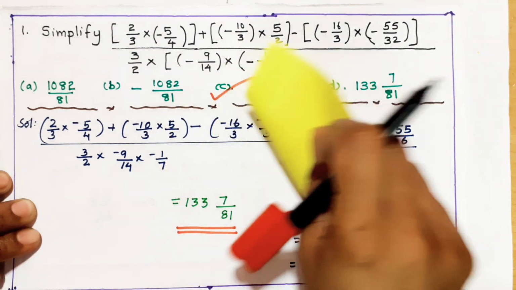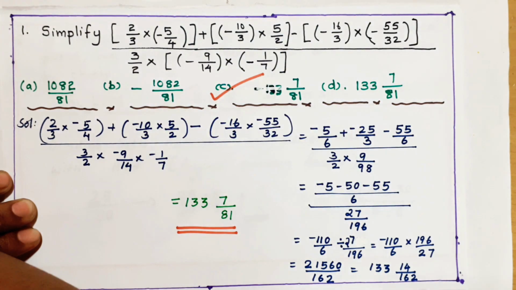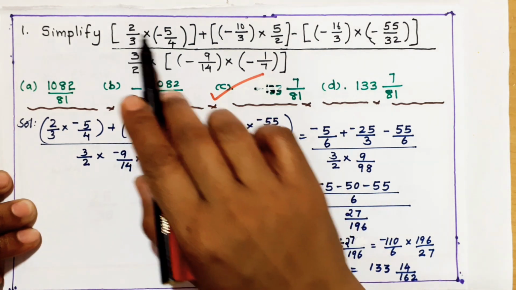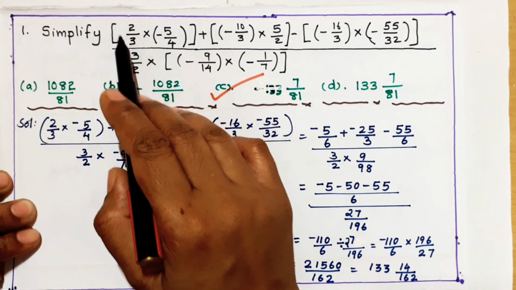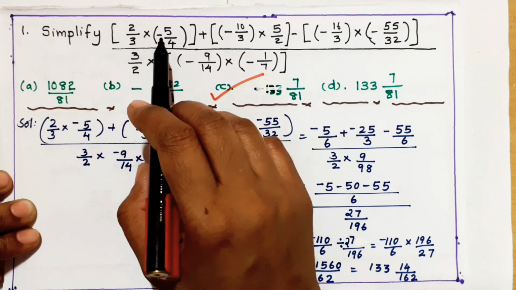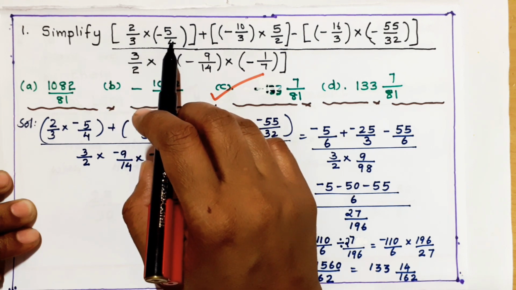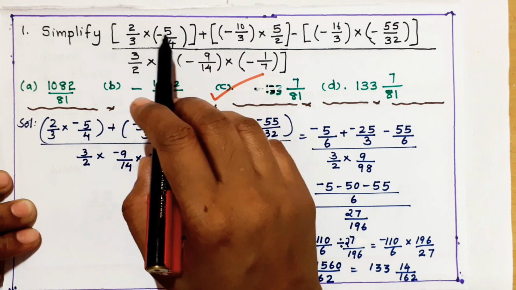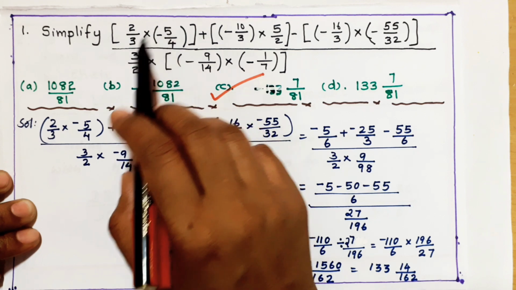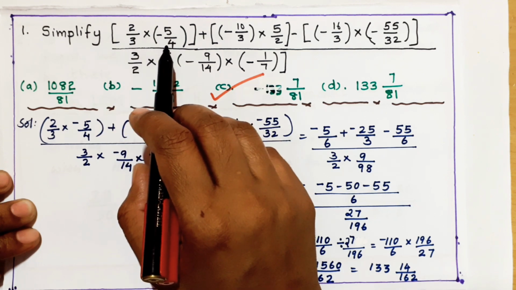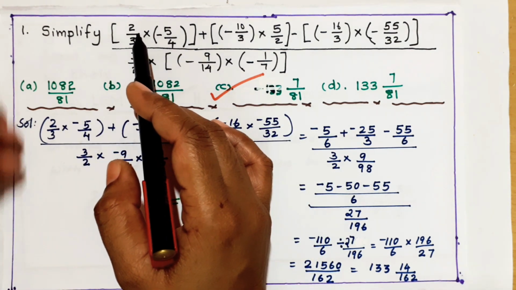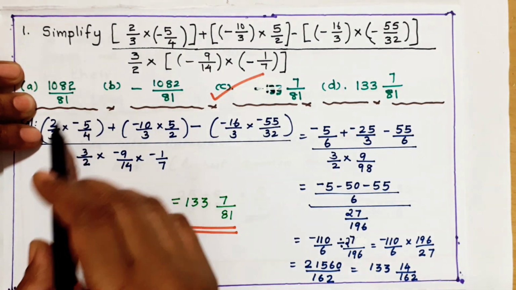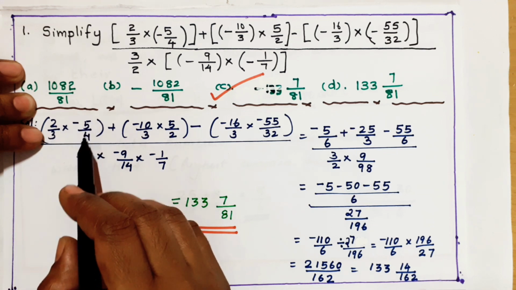See, this type of question, what we should do is, first I'm doing the term which is inside the bracket. So this bracket you see, 2 by 3 into minus 5 by 4. So I'm multiplying 2 into 5, it is 10. 3 into 4, it is 12. Right? So I'm just writing here this same term. I can write it as 2 by 3 into minus 5 by 4.